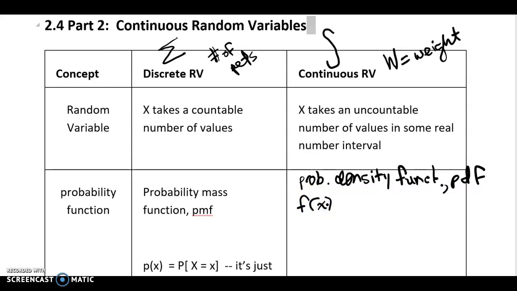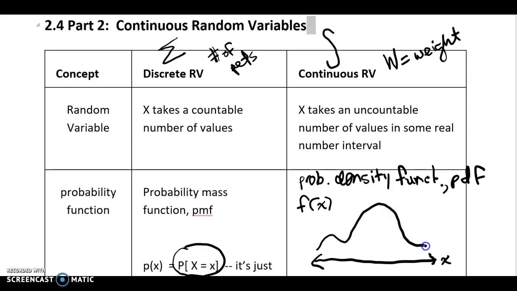And little f of x is not, like in the discrete case, a probability of something. It is not a probability of something now. It is a curve. Okay, so let's say this is the x-axis, and there's some curve that is little f of x. So maybe that is starting to remind you of calculus.